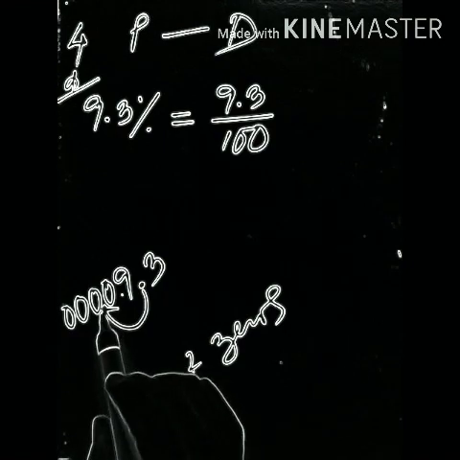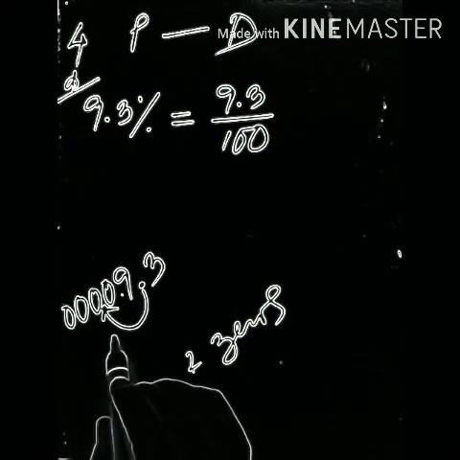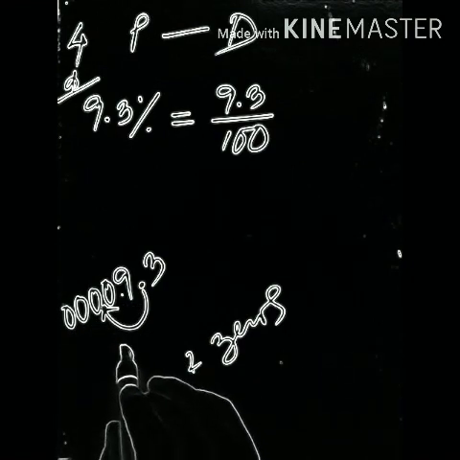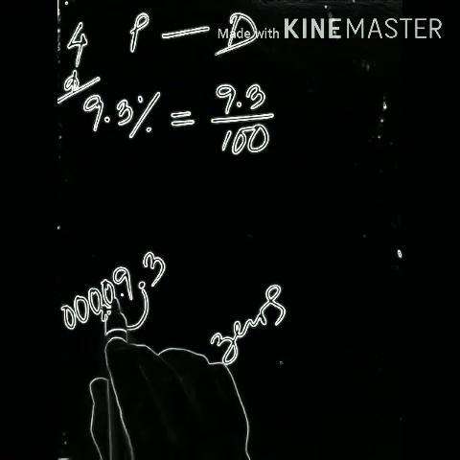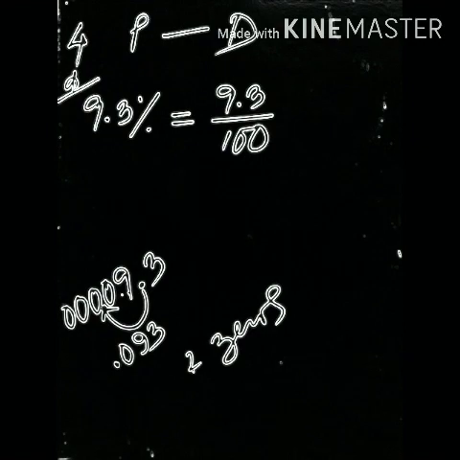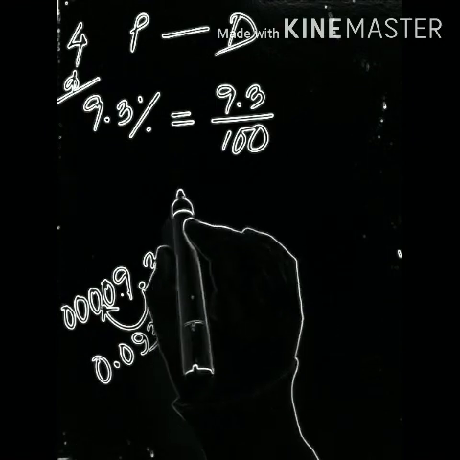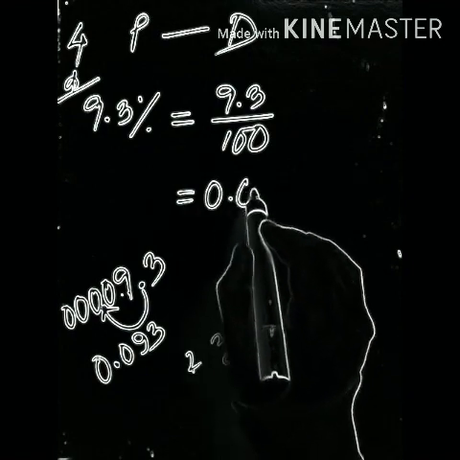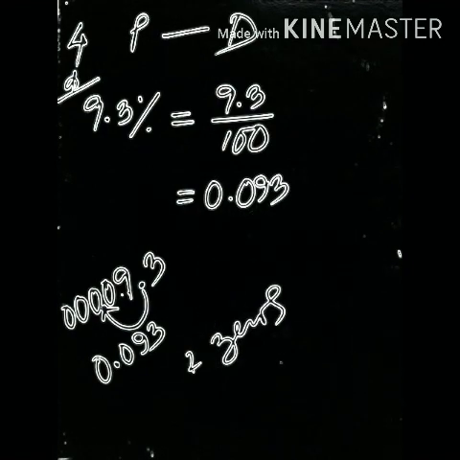It has to go here. So now the point will be here: 0, 9, 3. So before the point you can just write 0. That means we get here 0.093.